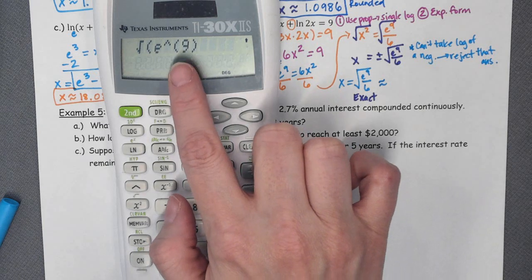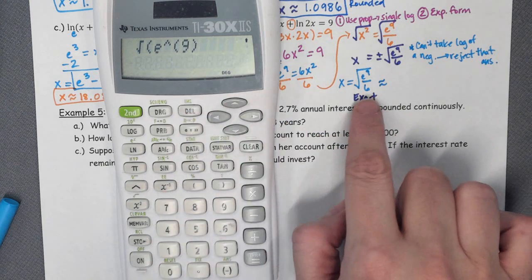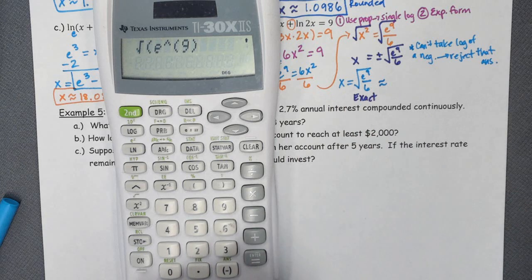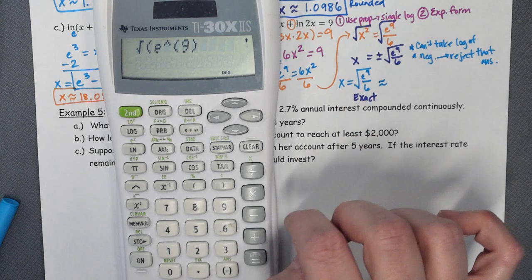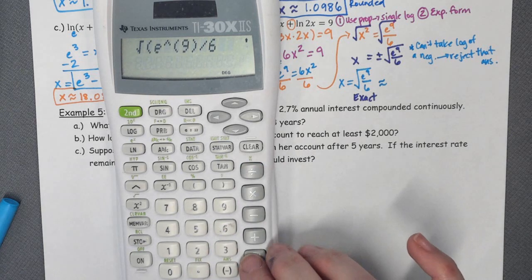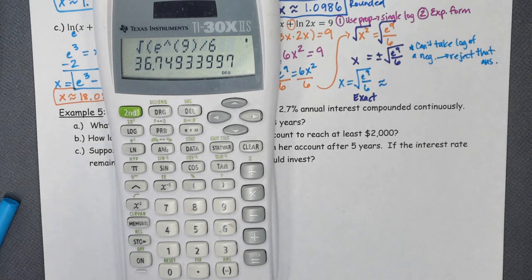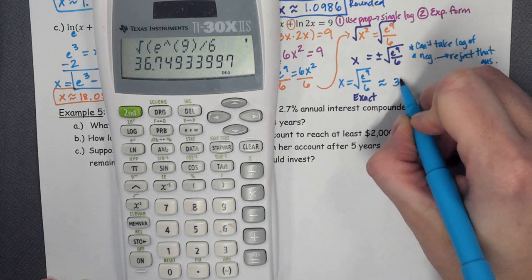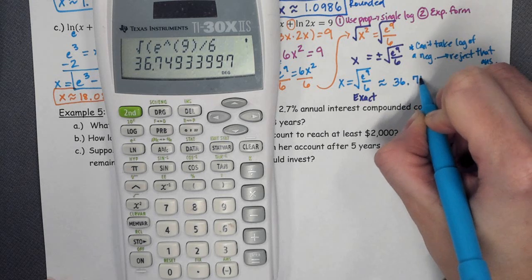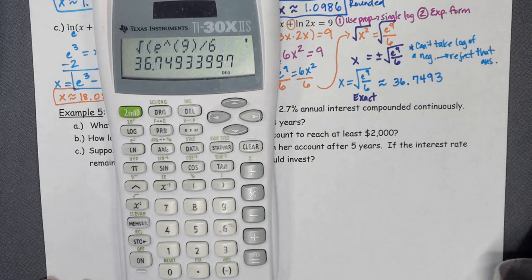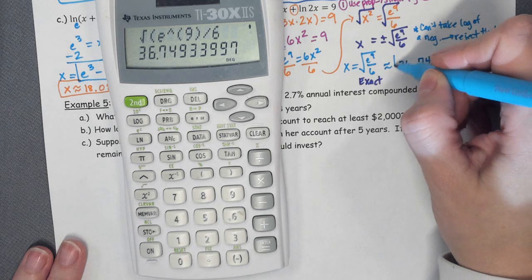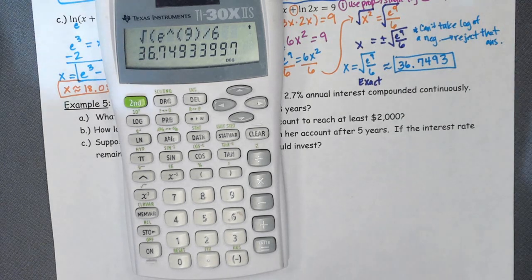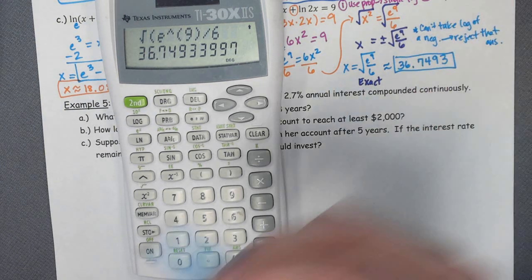Make sure you close that parenthesis, or else it would make everything the exponent of e. You don't want that. It's e to the 9th divided by 6. Make sure that you can get that. Then we're still rounding to the nearest 10,000. And that would be your rounded answer.